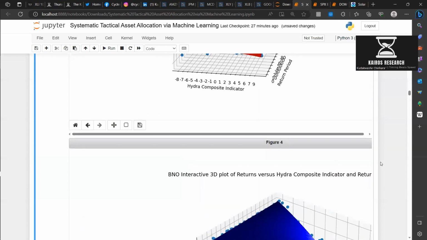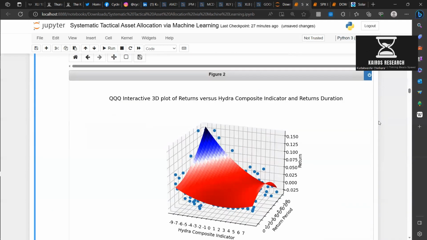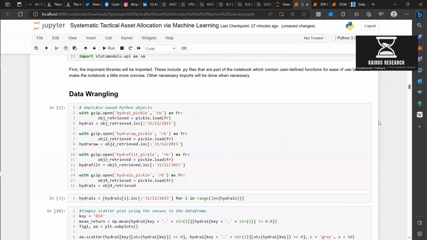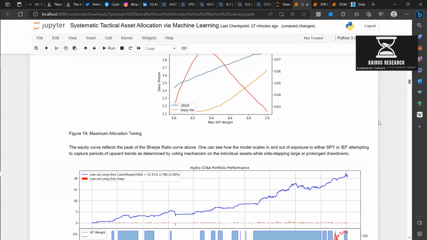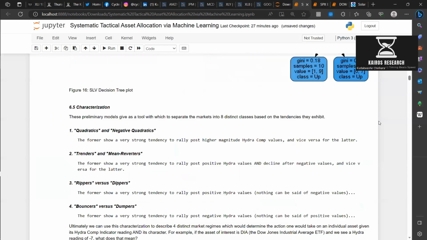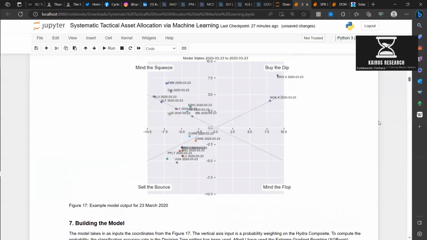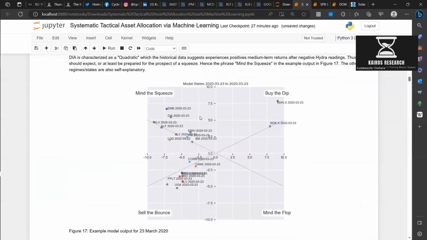So ultimately, one thing I ended up doing with these findings was I just experimented with developing some sort of asset allocation system, right? Because the measures that I found to produce those graphs, I could view them individually through time and plot the markets into different quadrants based on the character that those 3D plots revealed.